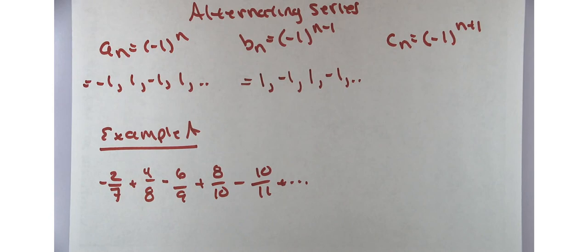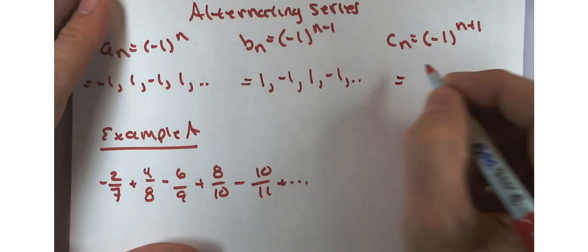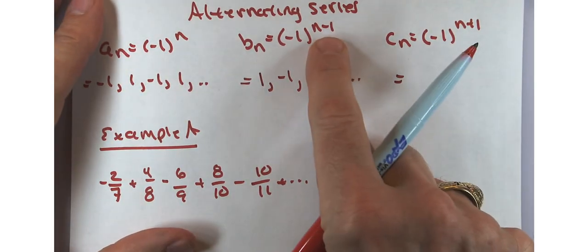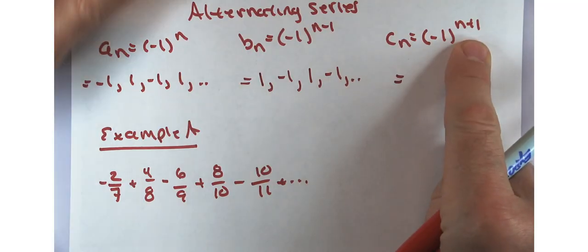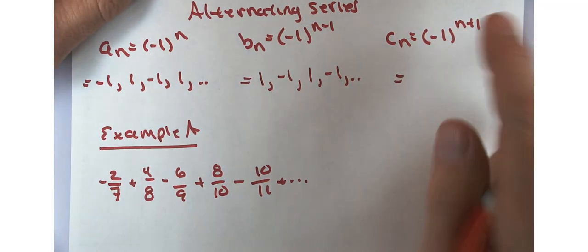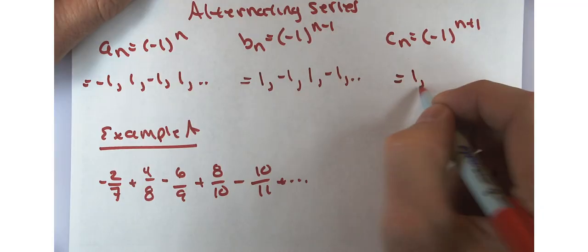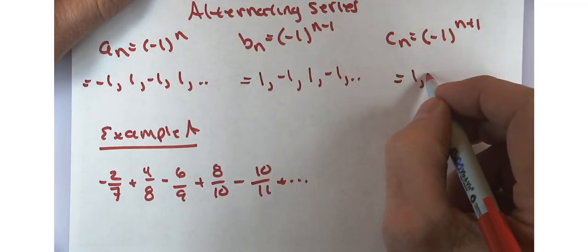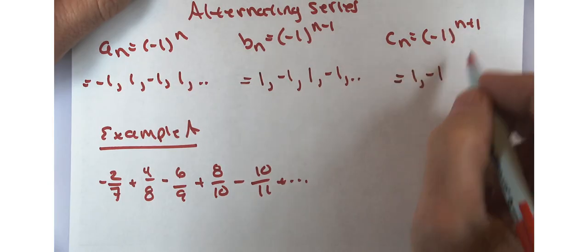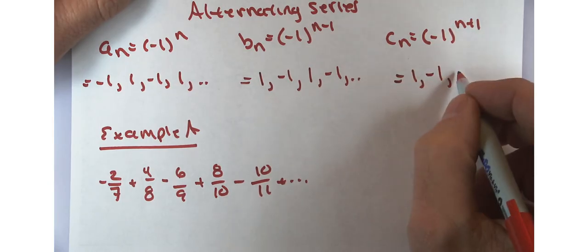How about the last one? Let's take a look at the last one. So instead of a minus 1 here, I've got a plus 1 here. And there's something kind of interesting that happens here. If I put in a 1, I get negative 1 to the second power, which is 1. Negative 1 to the third power when n equals 2. And what do you see happening?